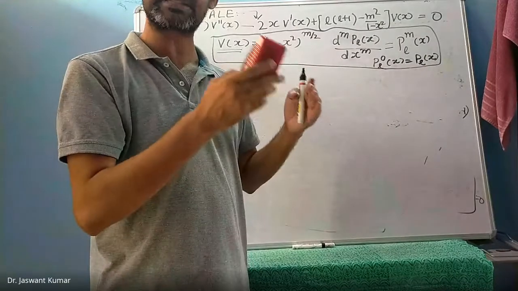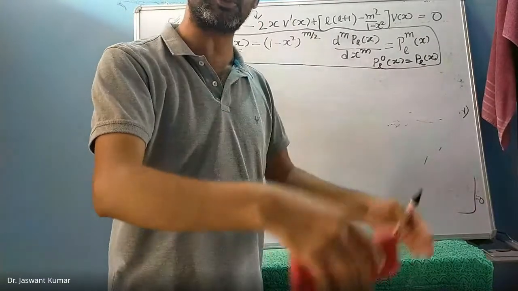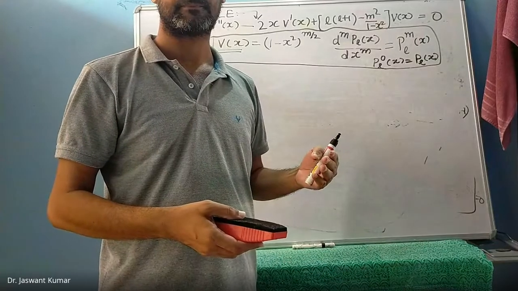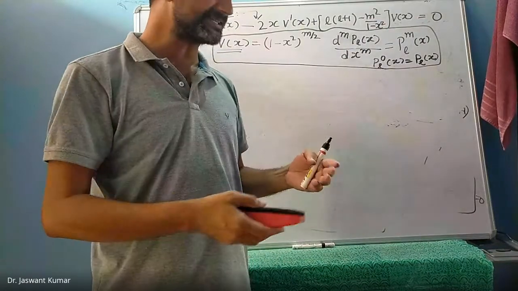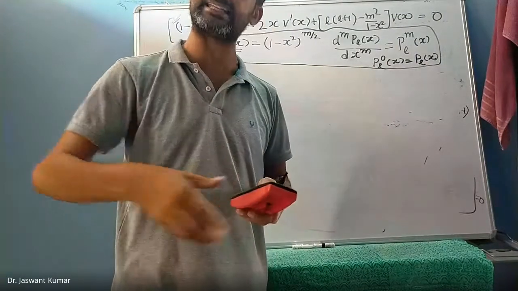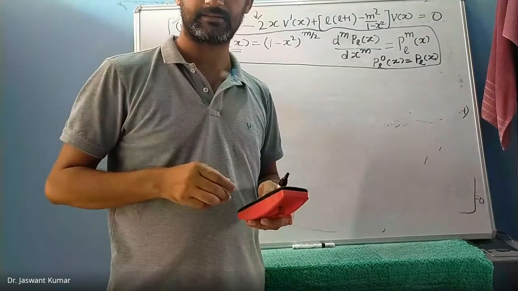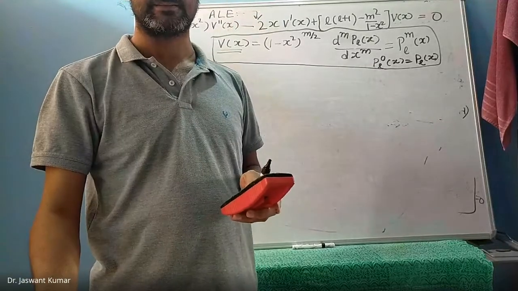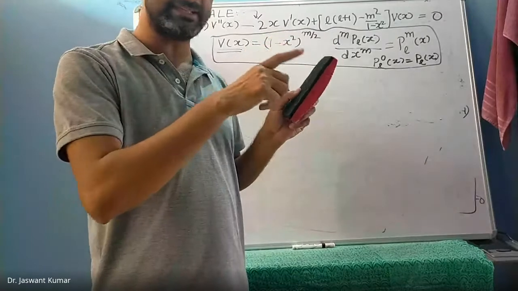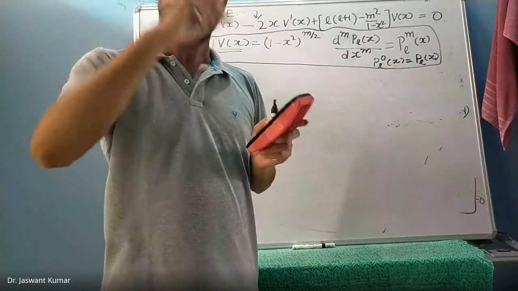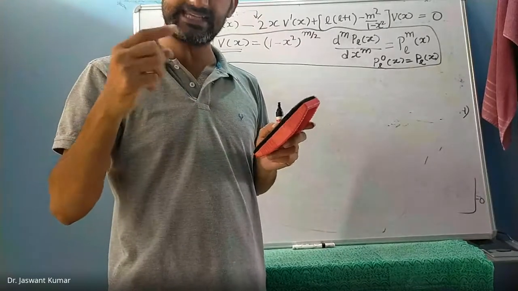Mathematics helps you in building up your trust in physical theories. Otherwise, in physical theories you can write any formula and say that okay, this is correct. But if that formula is not mathematically consistent, then come on, nature is a mathematician.